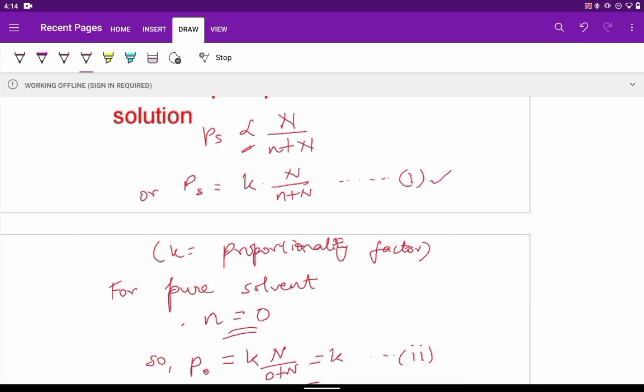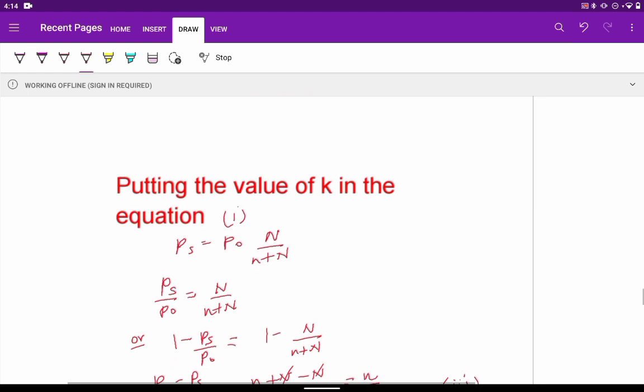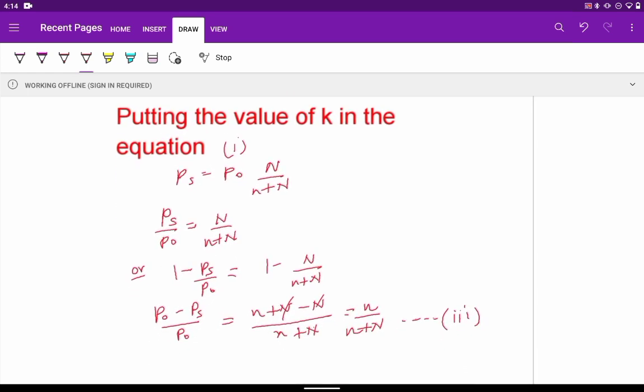By doing so, what do we get? PS is equal to P0 into N by N plus n, that is the number of moles of solvent by total number of moles, because capital N is the moles of the solvent.